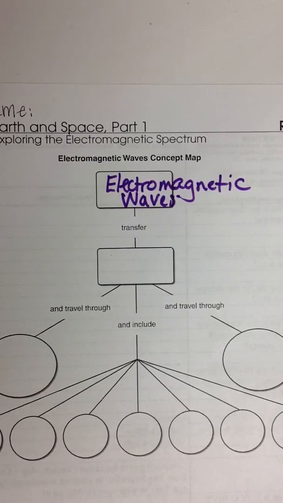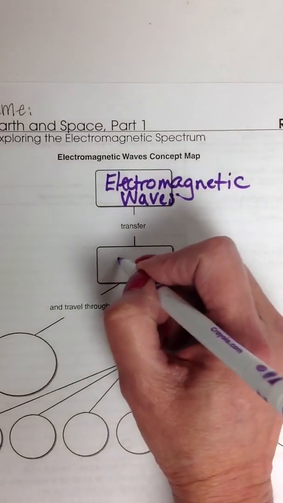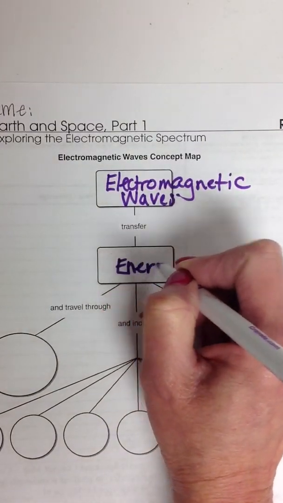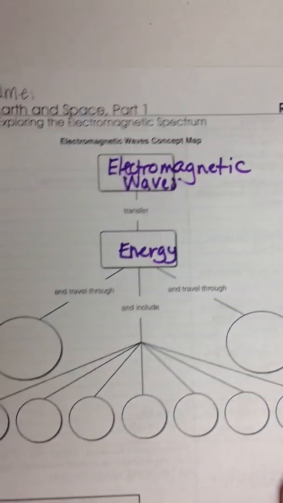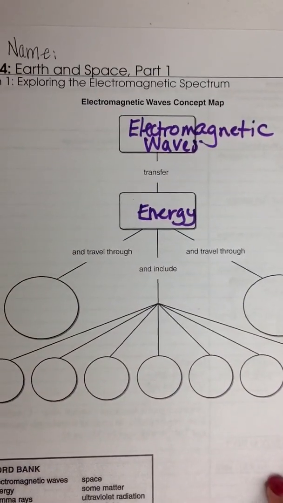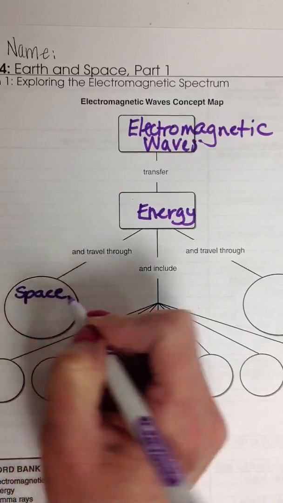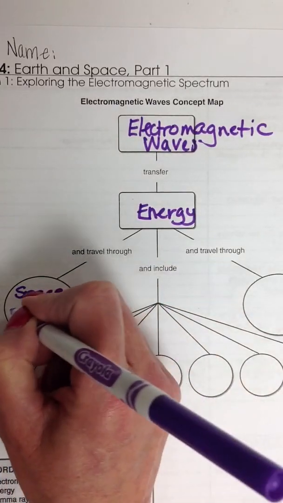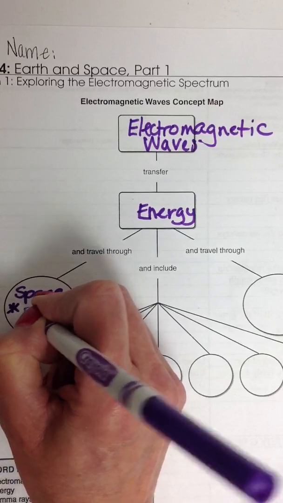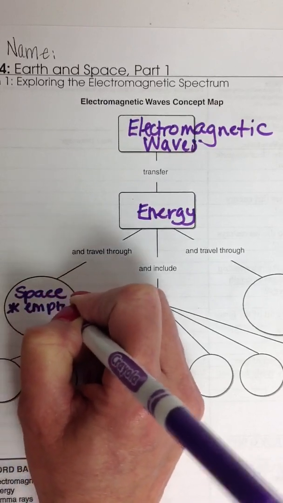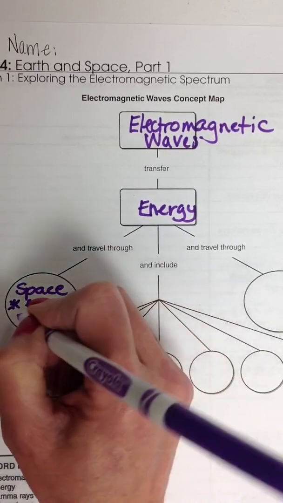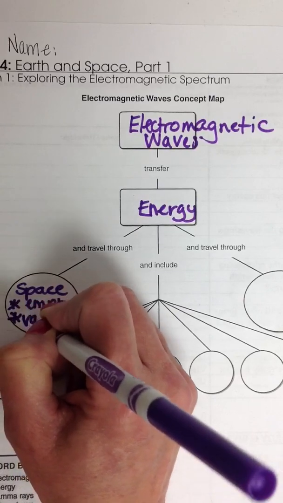There's a whole bunch of energy, and we're going to talk about that in a minute, but they transfer what? What did we just say? Big word is energy. And they can transfer energy through space, and remember, if you paid attention, we said that space is empty, so we're going to make a little asterisk. It's empty. Some people refer to it as the vacuum of space, so you need to know that.